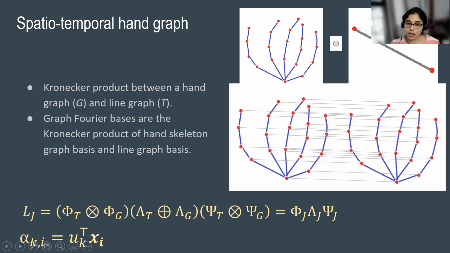So given your graph signal x_i and the graph Fourier basis u_k, which for this case is nothing but the columns of this psi_j, we do a dot product between u_k and x_i, and you get the final graph Fourier coefficient alpha_ki, which represents your features.